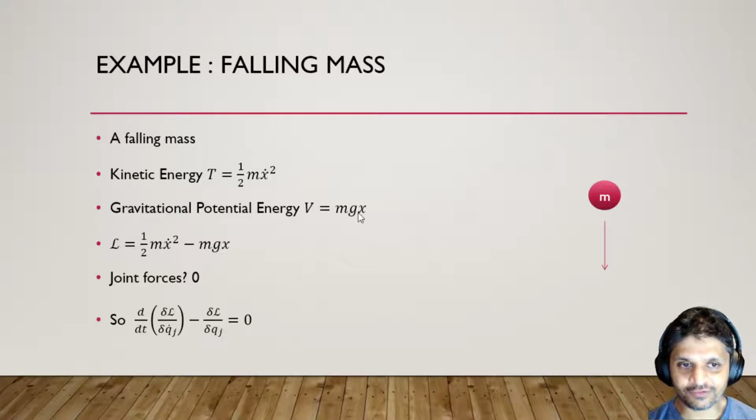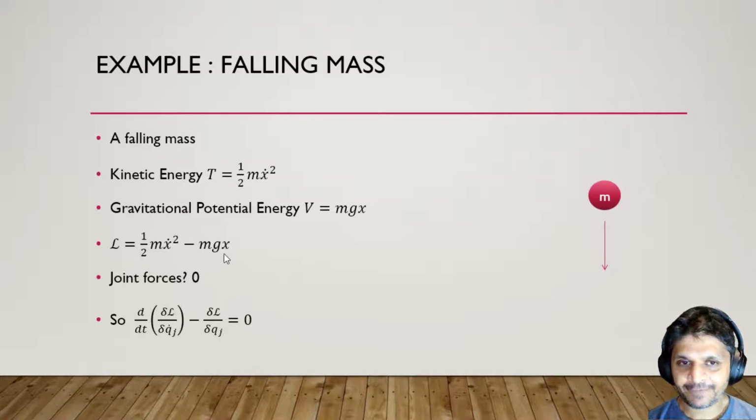In this case, our state variable is x, so x represents the height, so we can say that the potential energy V is mgx. Now, the Lagrangian, we said, was equal to T minus V, so it's equal to half m x dot squared minus mgx. It's just this minus this.